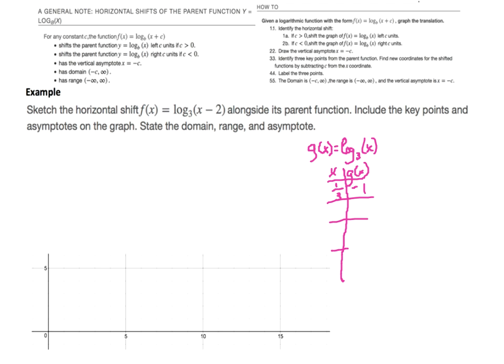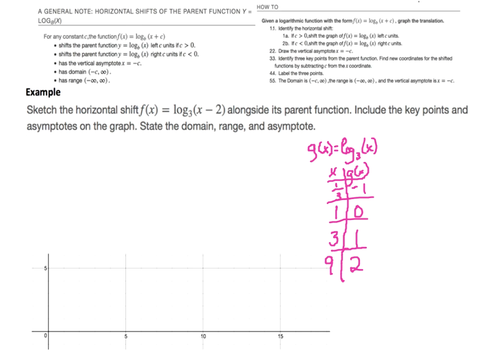I'm going to do 1, 3 raised to the 0 power is 1. And I'll do 3, 3 raised to the first is 3. And I'll do 9 since it's on our graph, 3 raised to the second power is 9. And then I don't have any other integers on my graph, so we'll stop there.